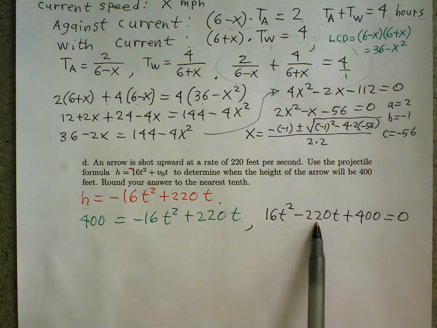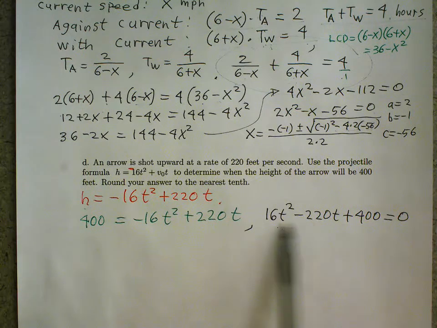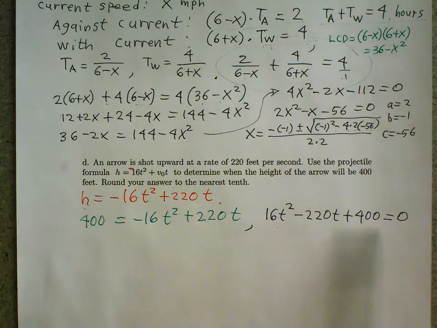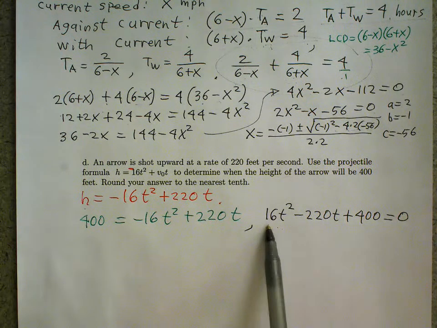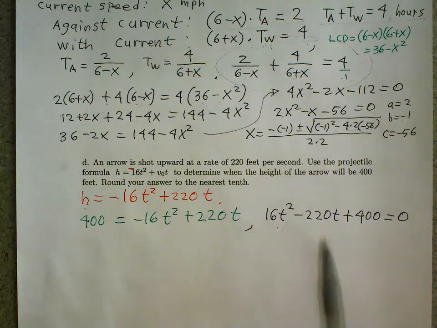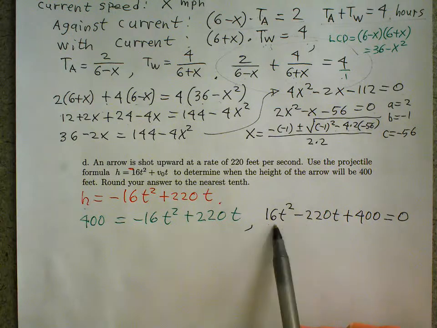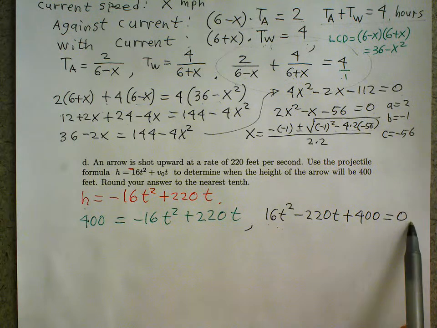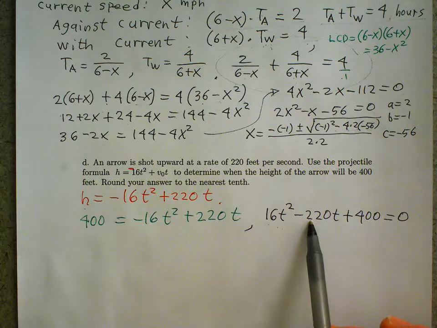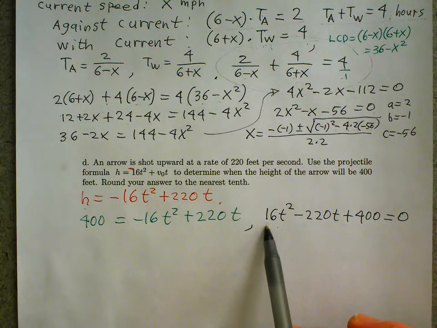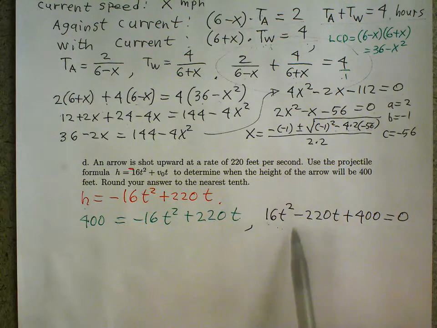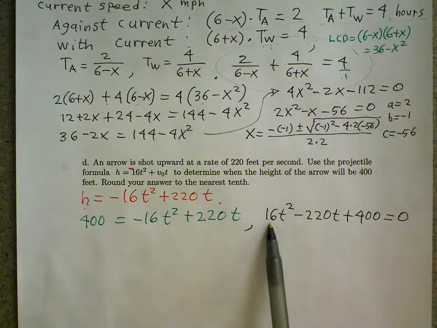Okay, we can whittle this down a little bit. Let's start by dividing every term on both sides by 4, and then we might be able to reduce it even further. But let's start with that. We can see that 4 goes into all those numbers.